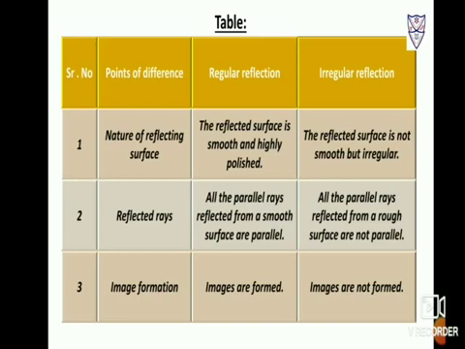In regular reflection, all the parallel rays reflected from the smooth surface are parallel. In irregular reflection, the parallel rays reflected from the rough surface are not parallel; they are scattered and go in all directions. See the third one. Images are formed in regular reflection, whereas images are not formed in irregular reflection.